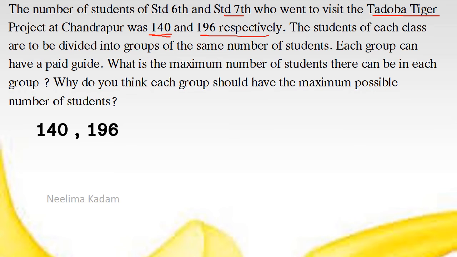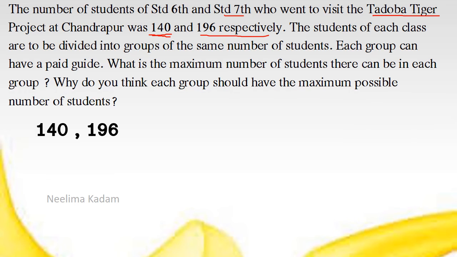Now the students of each class are to be divided into groups of the same number of students so that they can help each other. Each group can have a paid guide. Now, what is the maximum number of students there can be in each group?